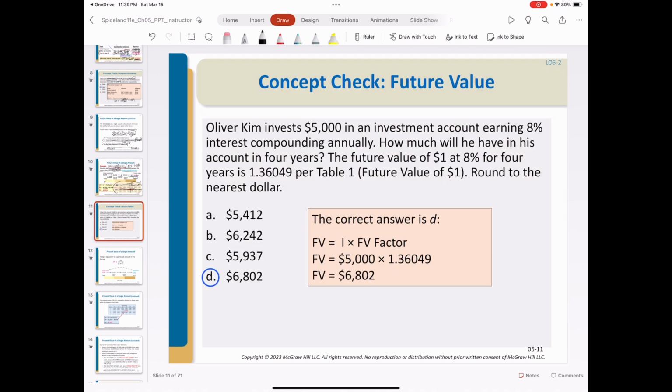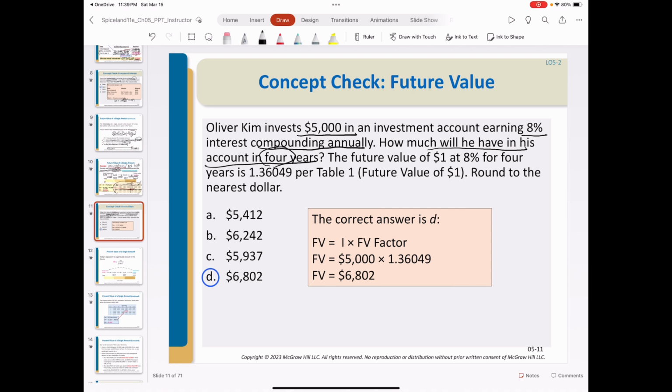We are given the initial investment, a single sum, of 5,000. Interest rate 8%. This is the annual interest rate, compounding annually. Question: how much will it grow in 4 years? Since interest is compounded annually, the number of periods is also 4. Each period is a year.